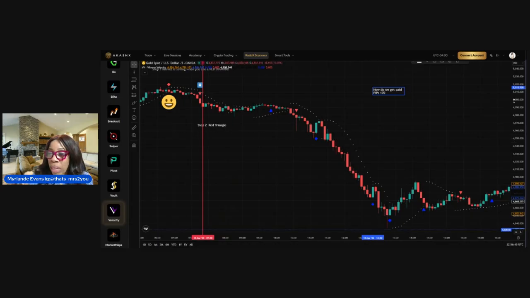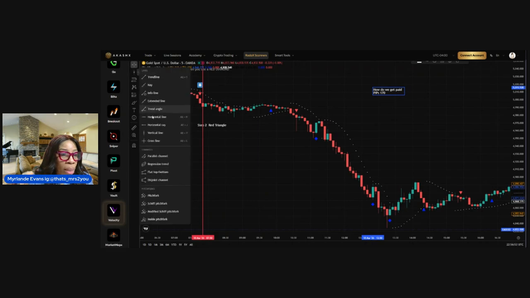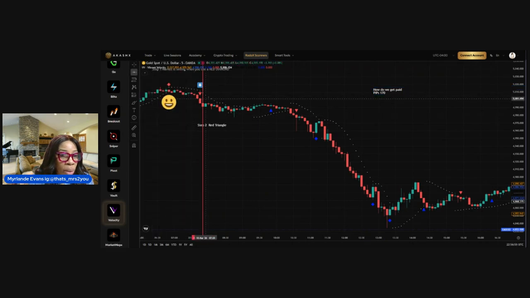So gold, it's very easy to calculate pips, how you get paid. From this point here, let me see where exactly this sell activated. The top of this candle was at 4995. Let's calculate how to get paid and how to calculate pips. So our entry was 4995. And when we're selling, we're going to be subtracting from the entry number, right?